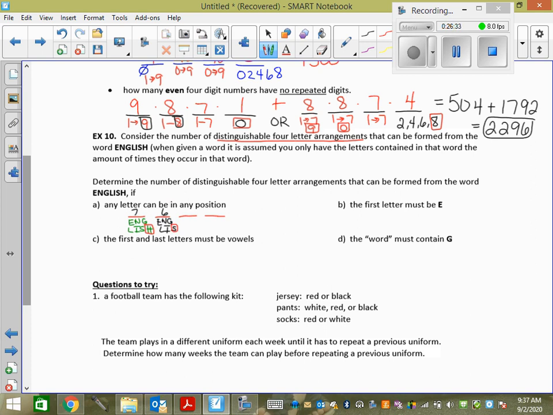Then I would have the options of E-N-G-L-I, which is 5. Hold the I. Then E-N-G-L, 4. What's 7 times 6 times 5 times 4? 42 times 20. 840?